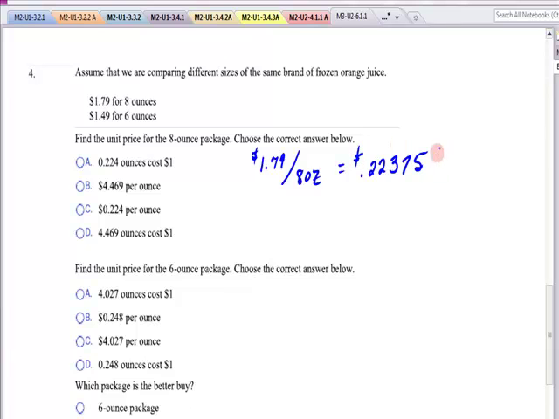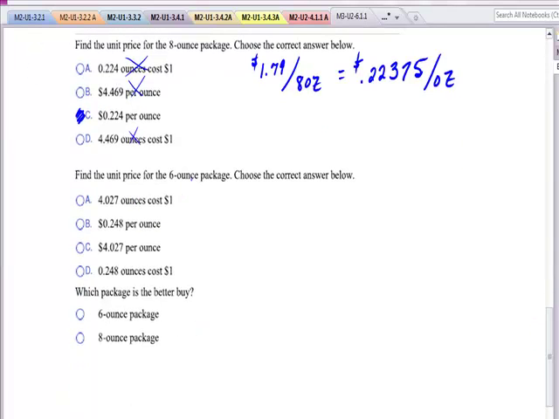That will be money per ounce. Now, this one has the right number, but its ounces cost $1. That label is wrong. It's got ounces on top and dollars on bottom. So that's not right. And that one's not even the right number. It looks like maybe they divided wrong. But this one is cost per ounce, rounded to 3 decimal places. It is this one.